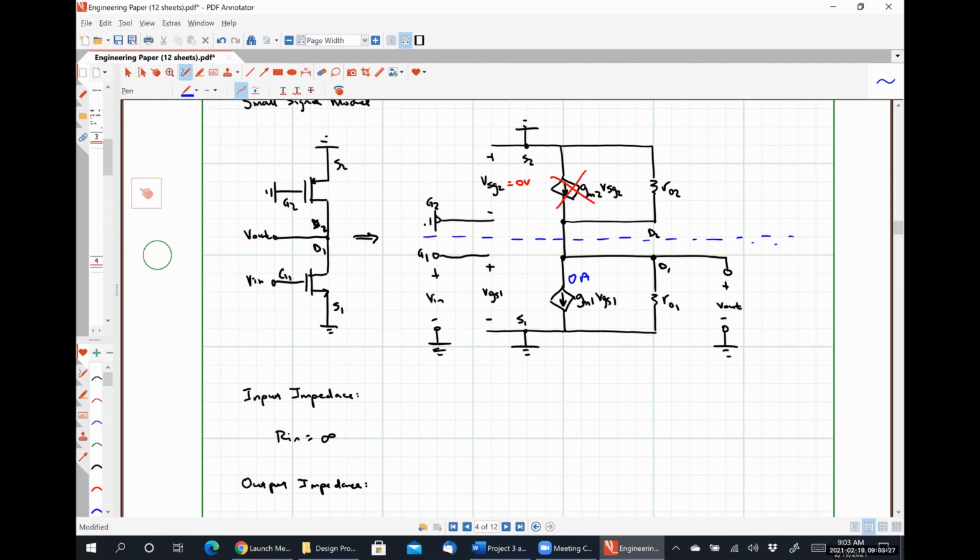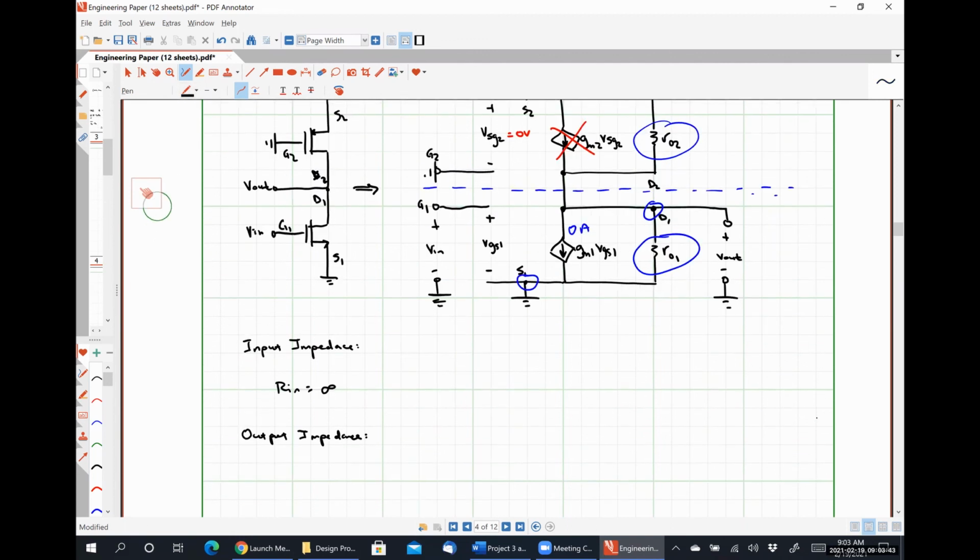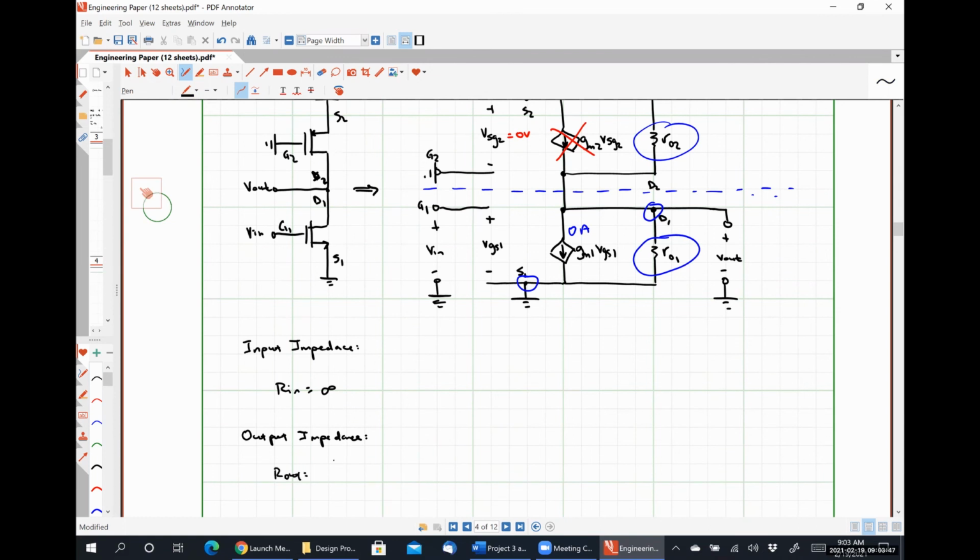So between this node, the drain, and ground, we see RO1, but we also see that resistor RO2 as well. And they're in parallel. So we can say that Rout is RO1 in parallel with RO2.